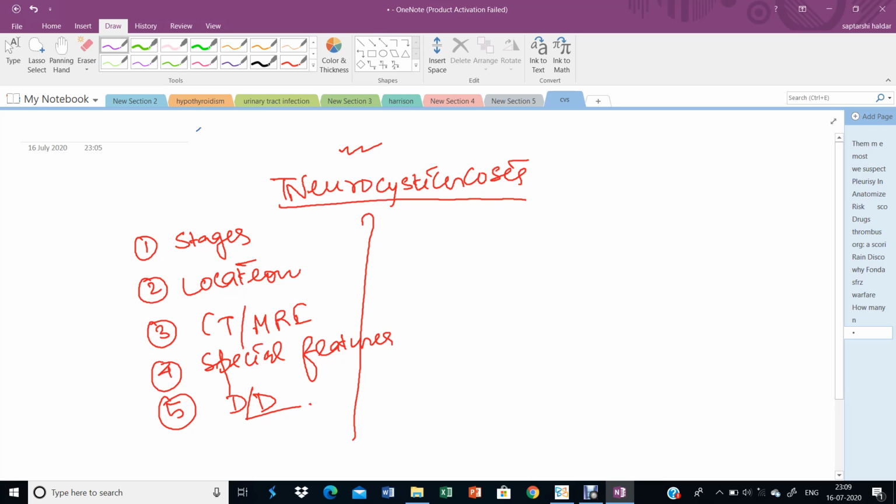First, neurocysticercosis is caused by the Taenia solium, and it is a brain infection of Taenia solium. It has a total of 4 stages. Stage 1 is called vesicular stage.